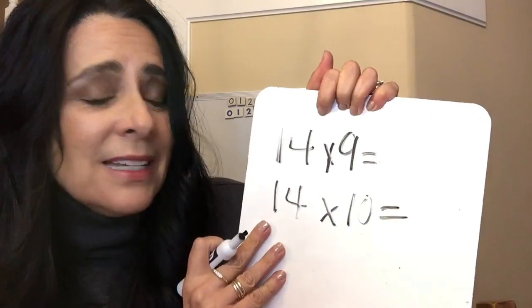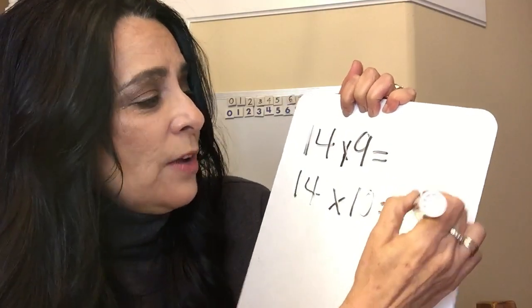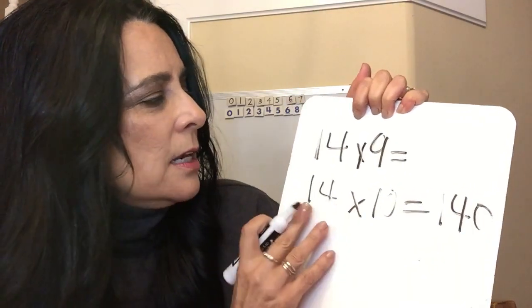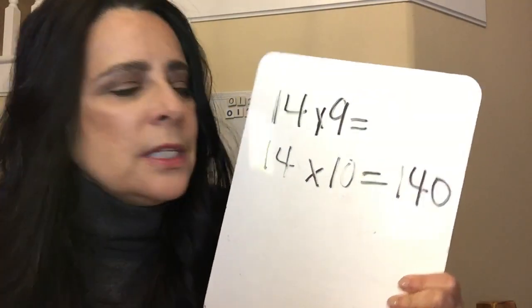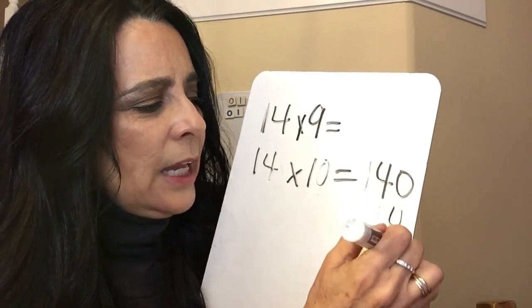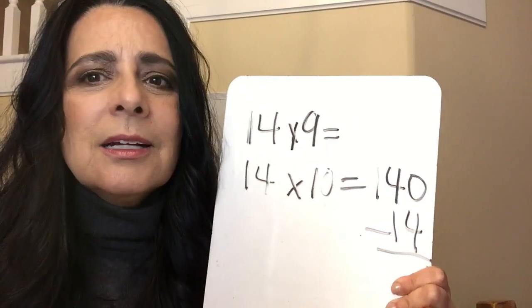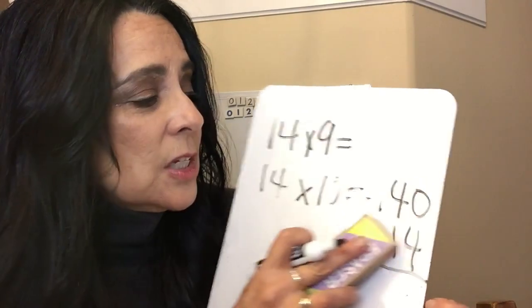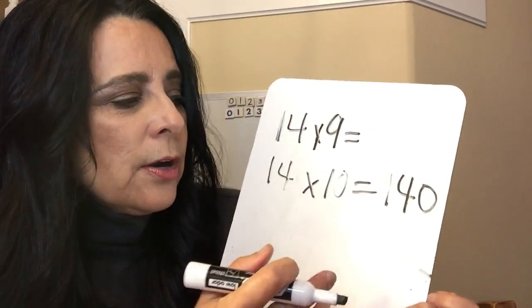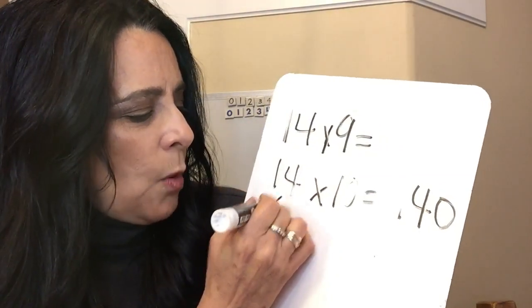We can do that mentally, which is 140, and then you just want to take 14 away. How are we going to take 14 away? Well, you can do the standard algorithm right here where we would subtract, but I bet a lot of our students, and a lot of mine could, do this mentally. Take 14 apart, which is, remember, 10 plus 4.